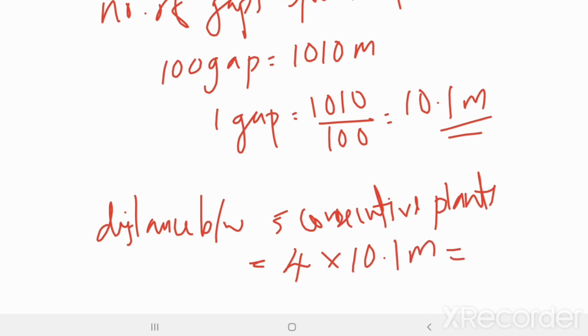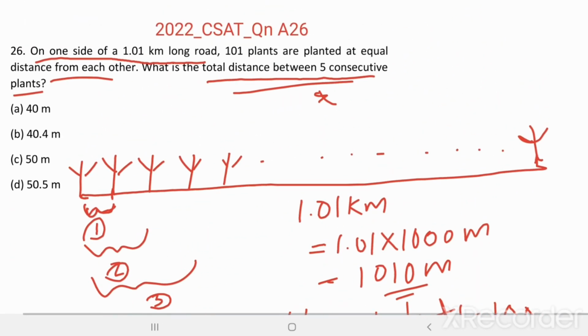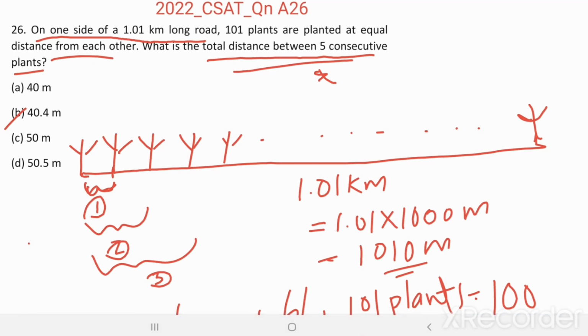Then distance equals 4 into 10.1 equals 40.4 meter. Distance between 5 consecutive plants equals 40.4 meter. Option B is the right answer.